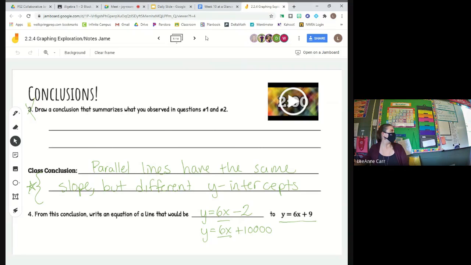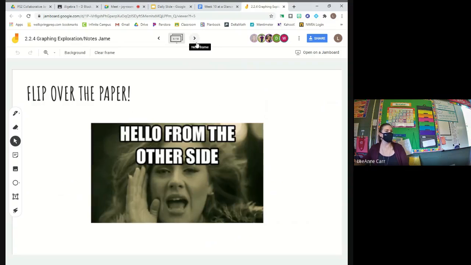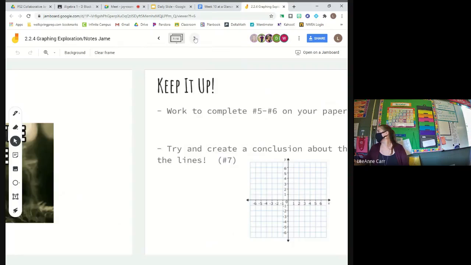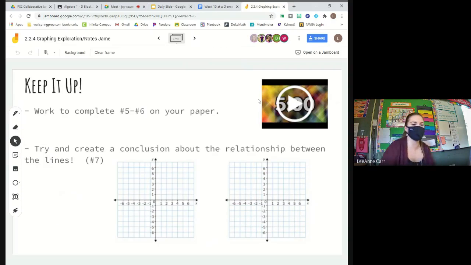All right. If you have the actual paper in front of you, we are flipping to the other side. If you don't have the actual paper with you, you're just kind of continuing to write. So on the other side here. Now, I'm not going to break it down problem by problem again. Instead, I'm just going to give you guys a full 2.5 minutes to go through and solve both problems number 5 and number 6.